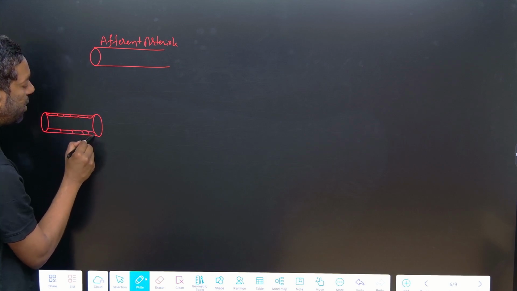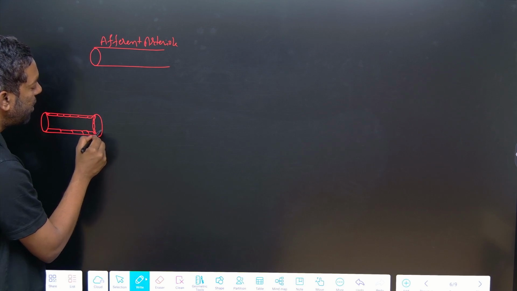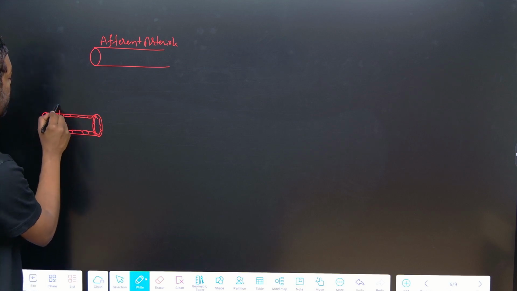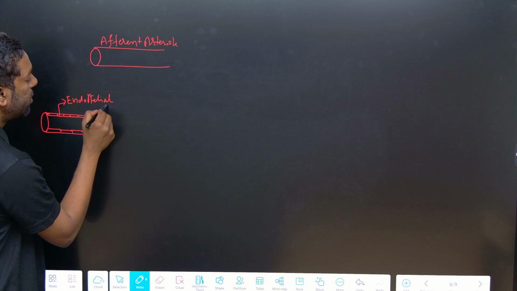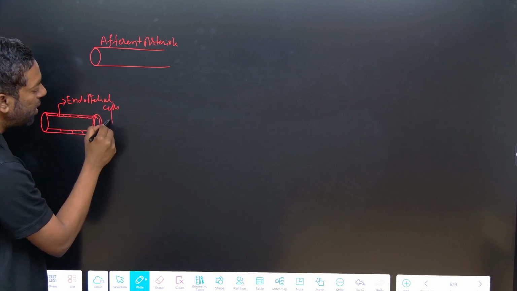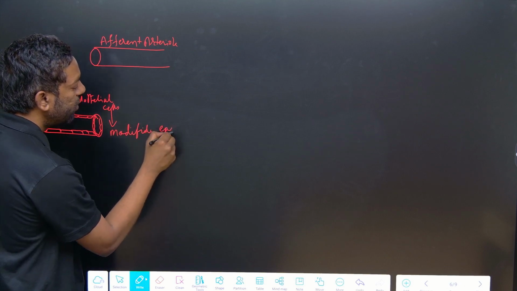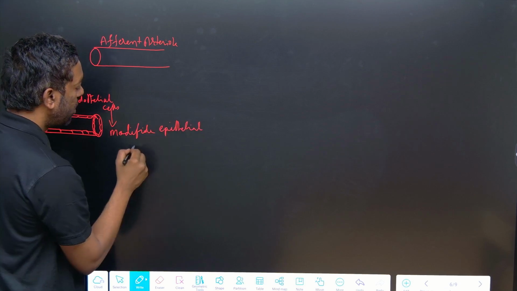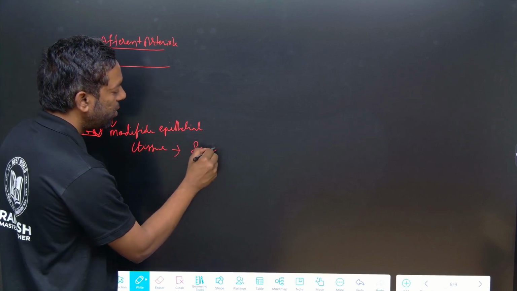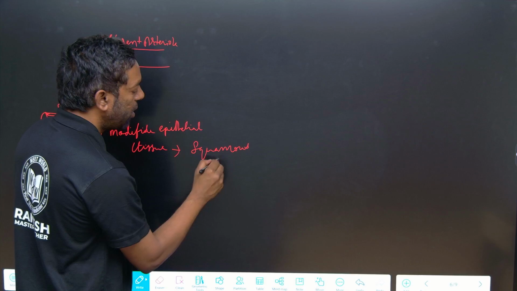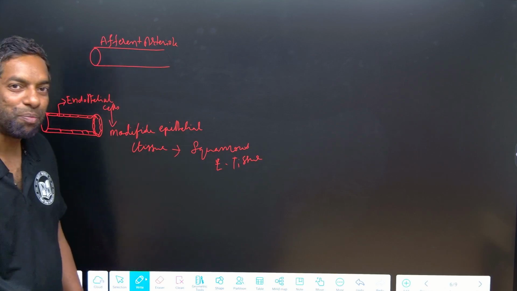Endothelial cells are nothing but modified squamous epithelial tissue. What is the function of squamous epithelial tissue?